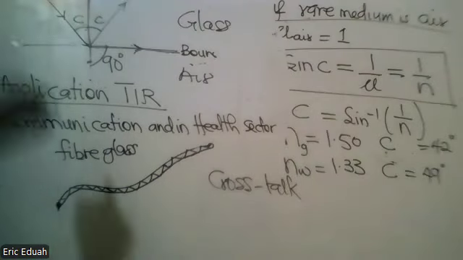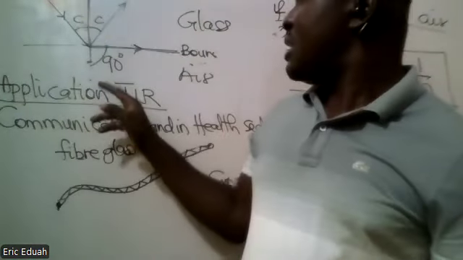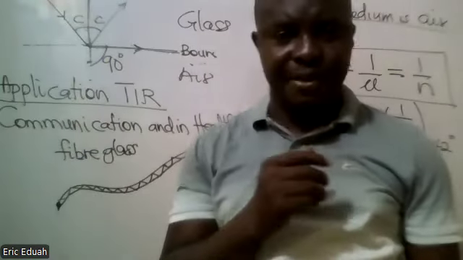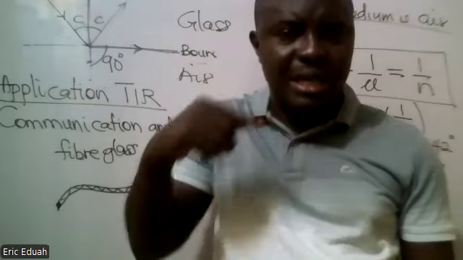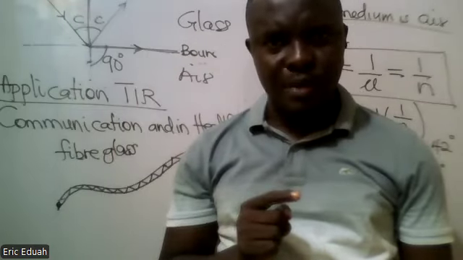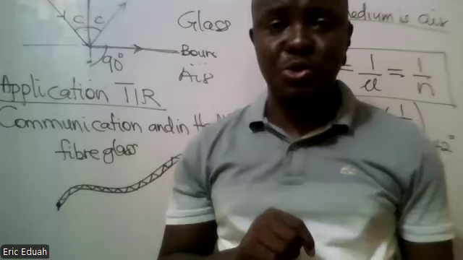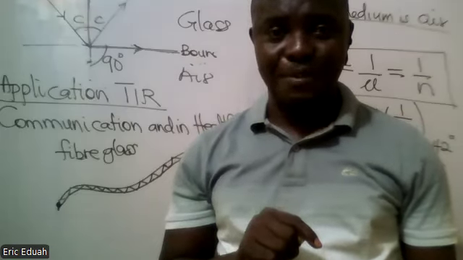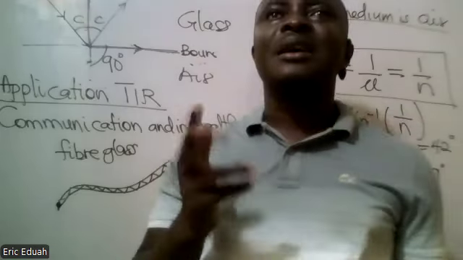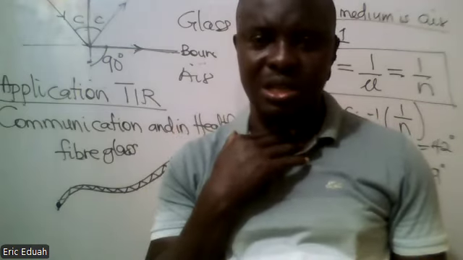So it is applied in communication and in the health sector. In the health sector, the principle of total internal reflection is used to diagnose inaccessible body parts. Example, endoscopy. I've gone through endoscopy before, where I felt like something within my throat.